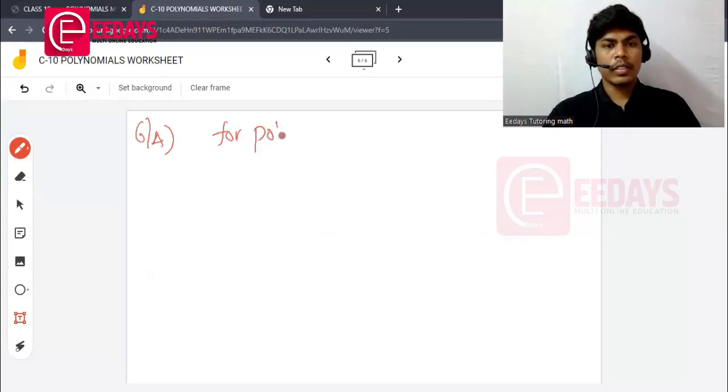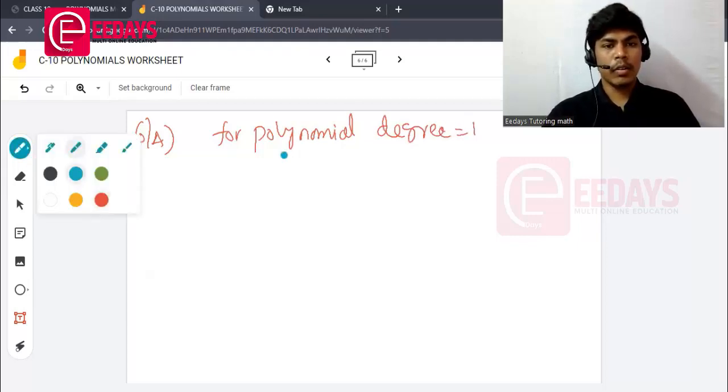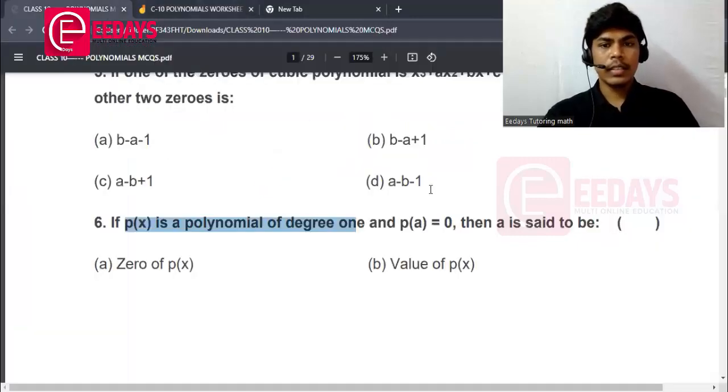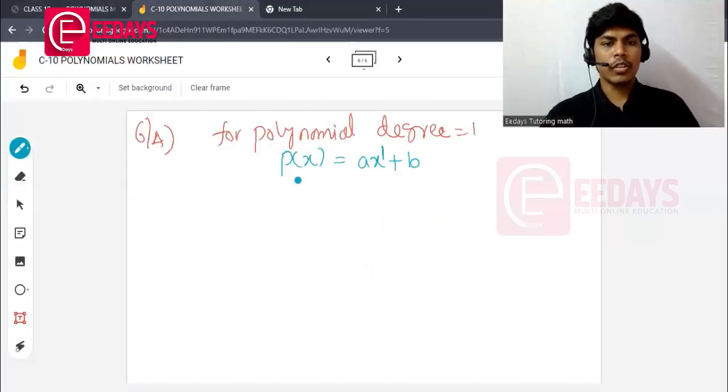For a polynomial of degree 1, we have to assume ax plus b. Here the degree is 1, ax plus b. In this equation, they said p of a is equal to 0.